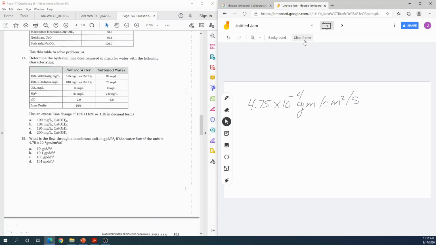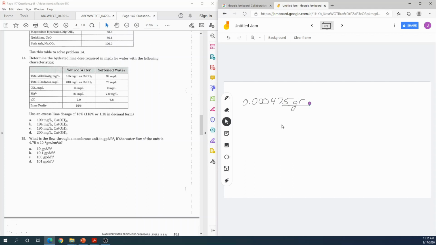So let's go ahead and write this out a little bit differently so it makes a little more sense as we're tracking our units here. So we already talked about our scientific notation. So let's just go ahead and write this out as a decimal. So we know we're going to have 0.000475 and it's going to be grams.